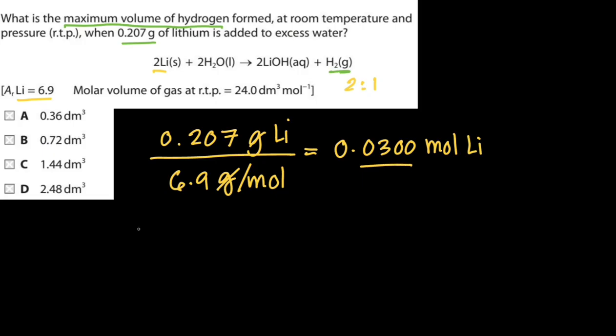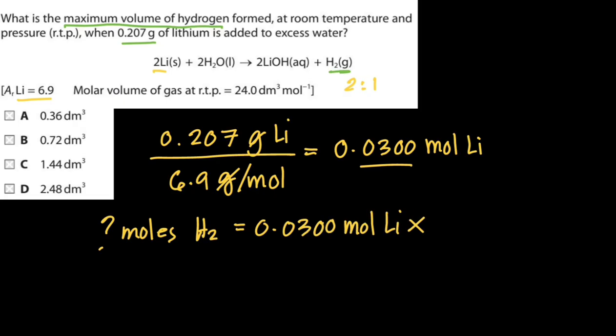So moles of hydrogen is just equal to the moles of lithium times the molar ratio of lithium and hydrogen.